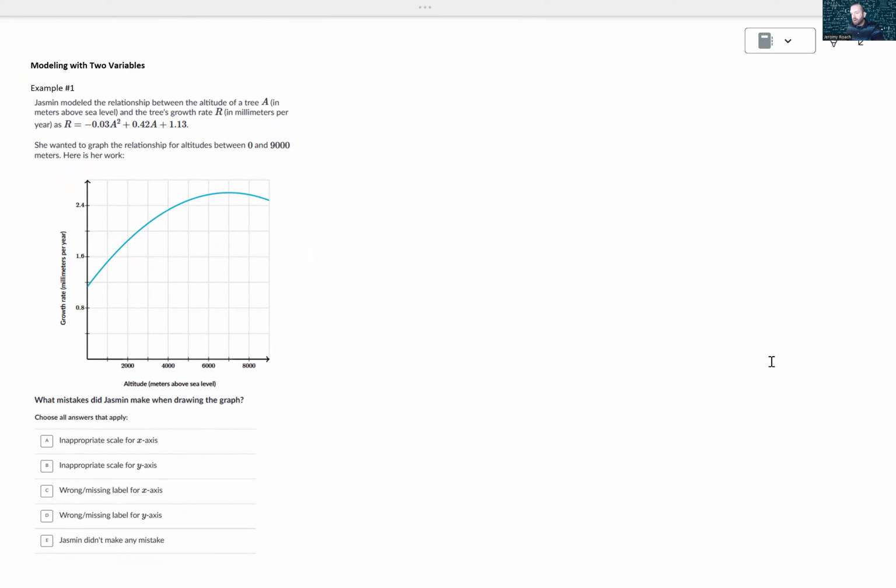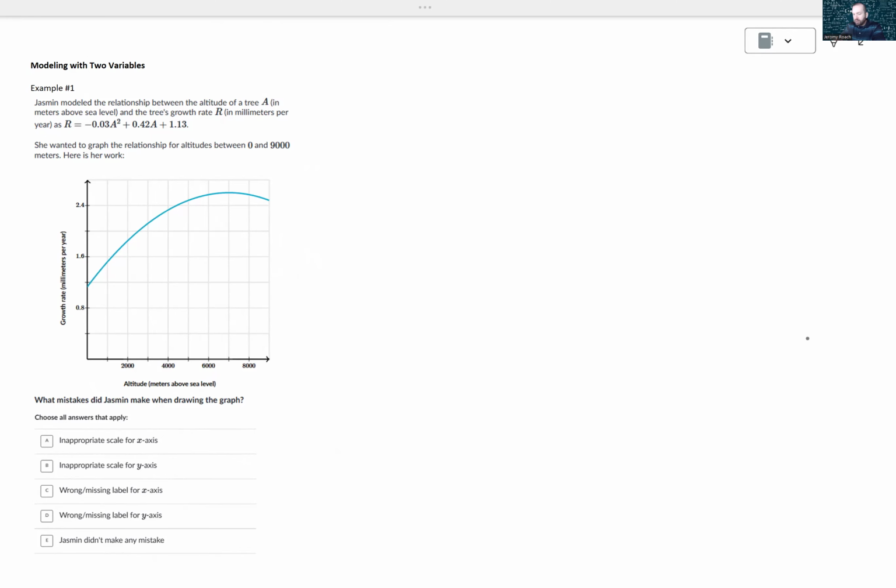It says Jasmine modeled the relationship between the altitude of a tree, A, in meters above sea level, and the tree's growth rate, R, in millimeters per year. And then it gives us this equation. And she wants to graph the relationship for these altitudes between 0 and 9,000 meters. And this is her work here. And we're looking for if there are any mistakes on the graph.